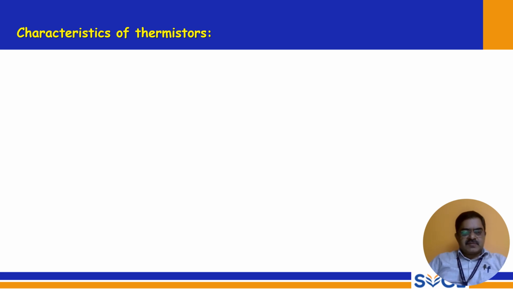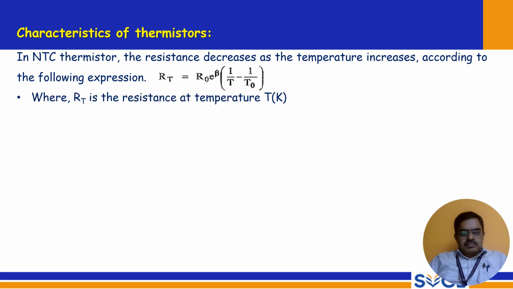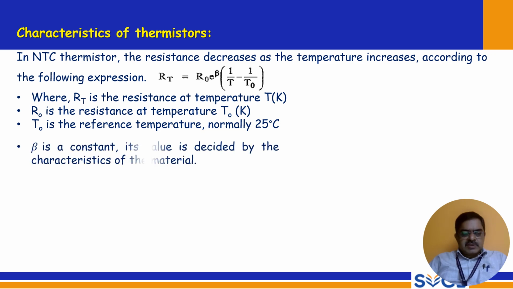So characteristics of thermistors. In an NTC thermistor, the resistance decreases as the temperature increases according to the following expression: RT equals R0 e^(beta(1/T minus 1/T0)), where RT is the resistance at temperature T and R0 is the resistance at temperature T0. T0 is the reference temperature, normally 25 degrees Celsius.